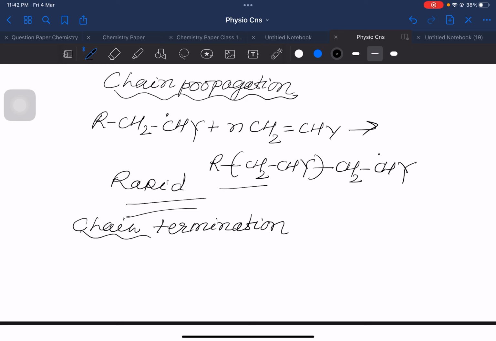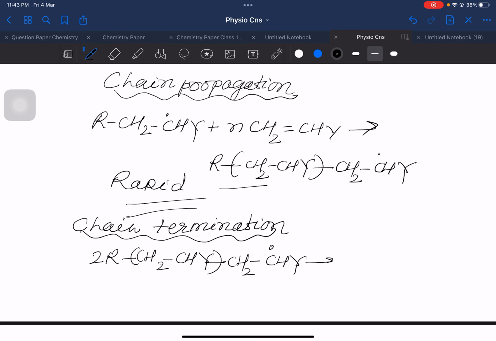Chain termination. Ultimately, at some stage, termination of the growing chain takes place, and we can write it like this.